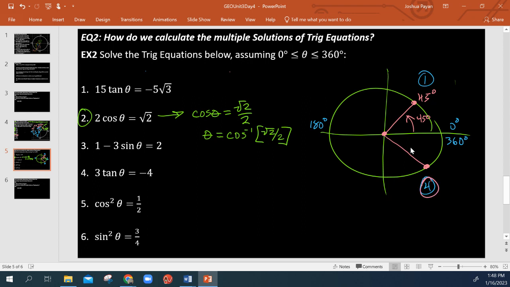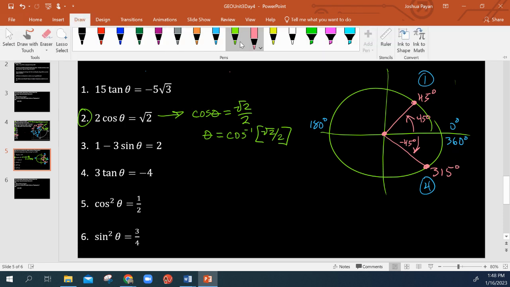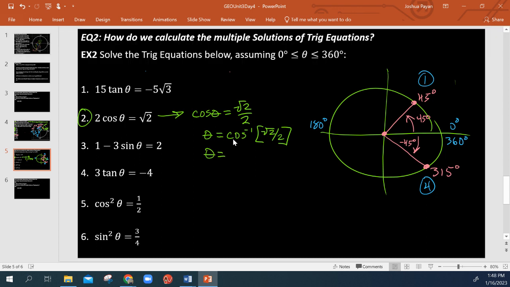Now we have to come down into quadrant 4. And to do that, we're going to have to say minus 45 to come down into quadrant 4. So 360 minus 45, well, that puts me at 315 degrees. So my two solutions here would be that theta is equal to 45 degrees. That's your quadrant 1 solution.